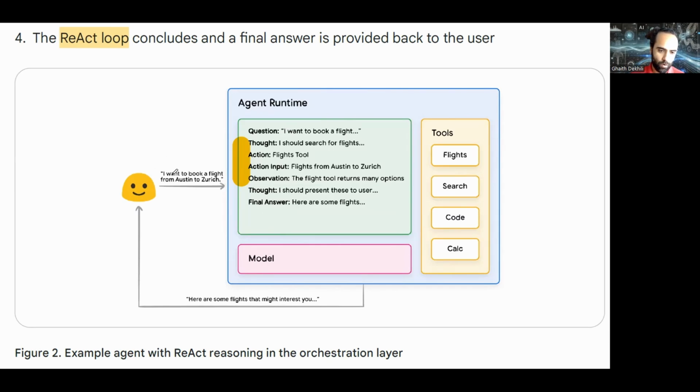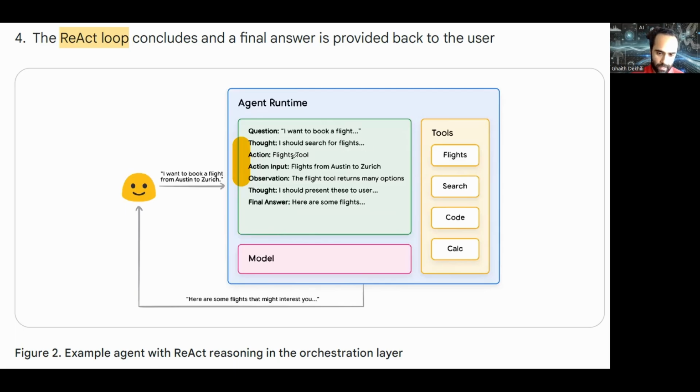We have a user who wants to book a flight from Austin to Zurich. The input to the agent will be the user question. The model thinks about what to do. So here it says, I should search for flights. The model decides to use the flights tool that is provided here with the list of tools.